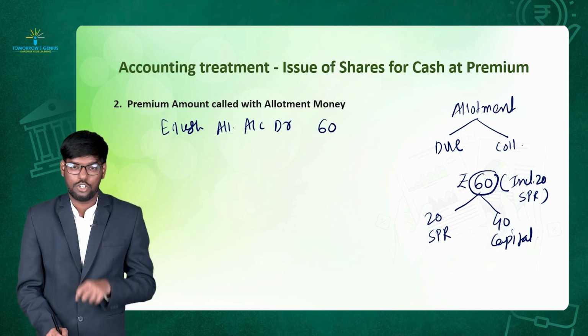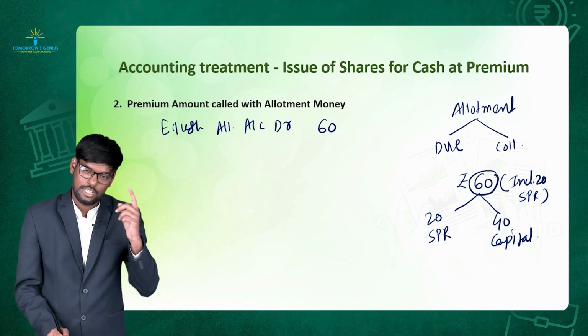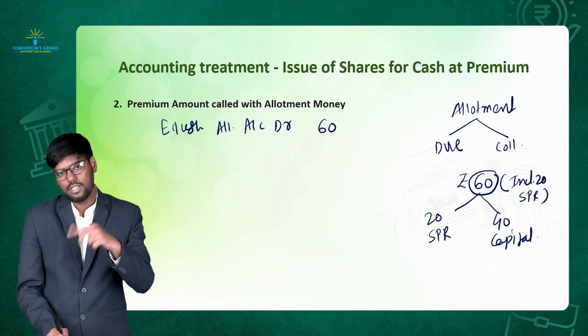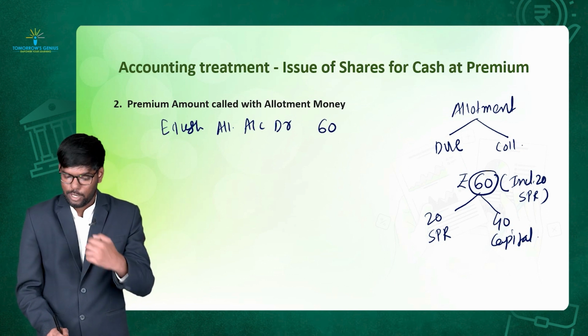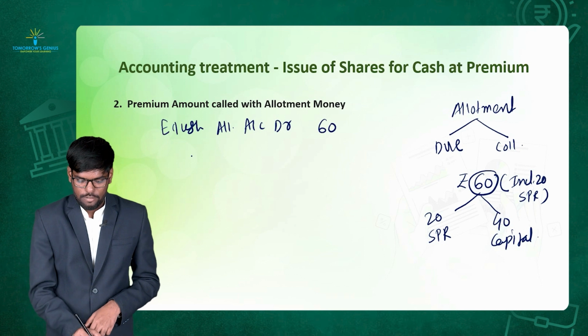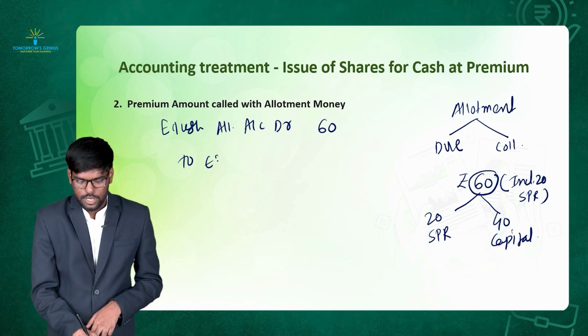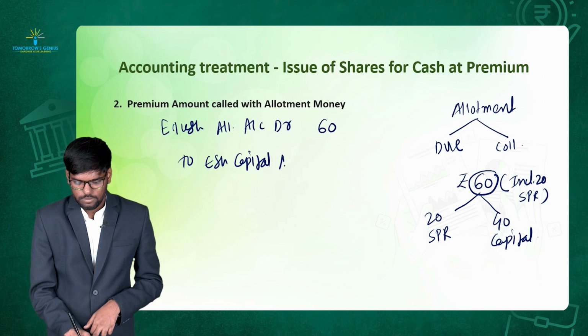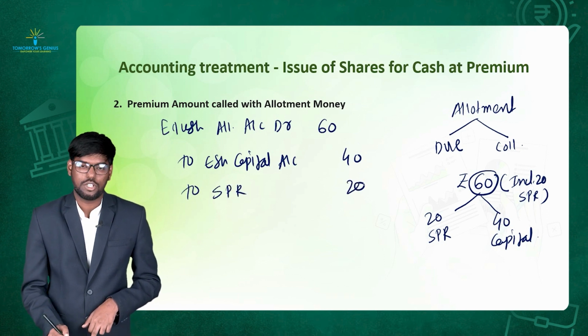Under these 60 rupees there are two amounts. One is securities premium 20 rupees and another is 40 rupees of capital. So accordingly I need to transfer that. So I will be crediting equity share capital account 40 rupees and securities premium reserve 20 rupees, right?